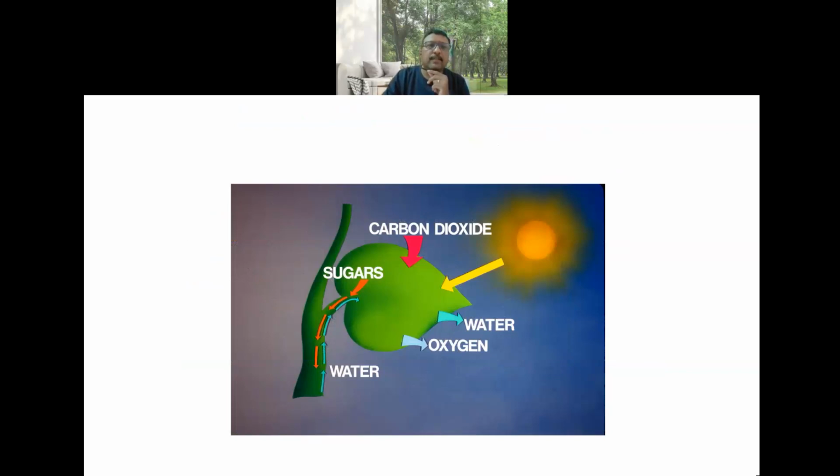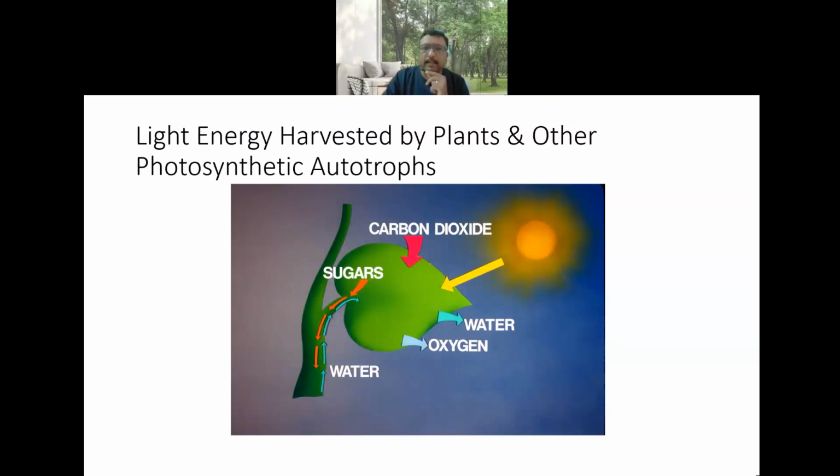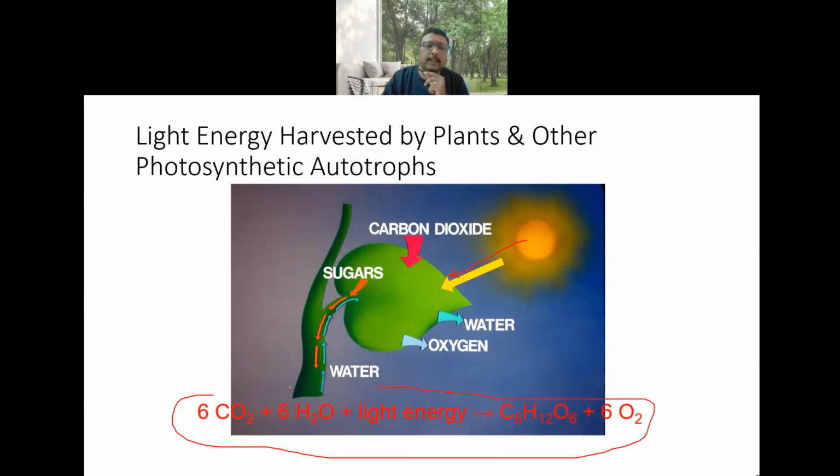So here you can see, light energy is harvested by plants, the photosynthetic autotrophs, where sunlight is the source of light. As we said, this whole photosynthesis takes place in a cell organelle called chloroplast, which is present in the leaves.